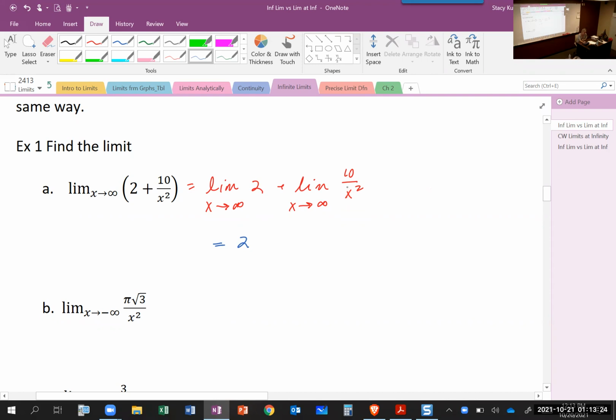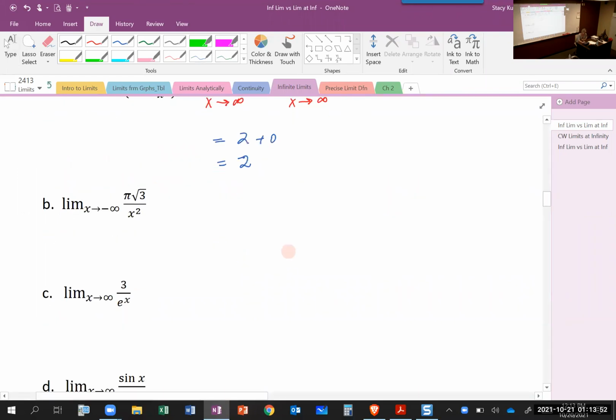It goes to 0. That's right, it gets smaller. So we would have 2 plus 0, or in other words, 2. See how we approached a number? As x approaches infinity, the function approaches 2.